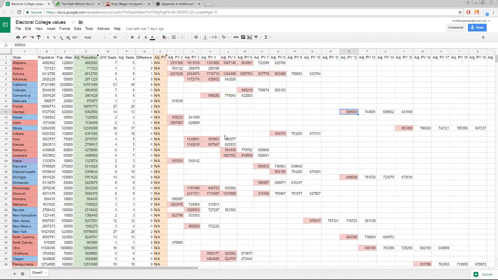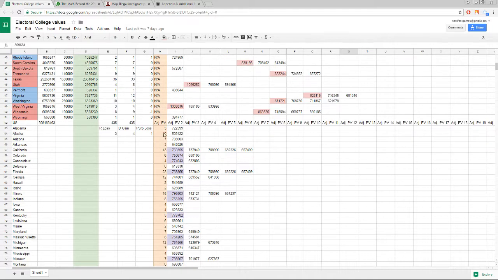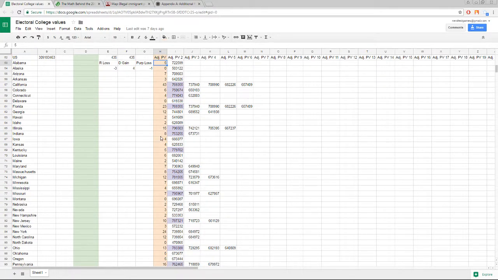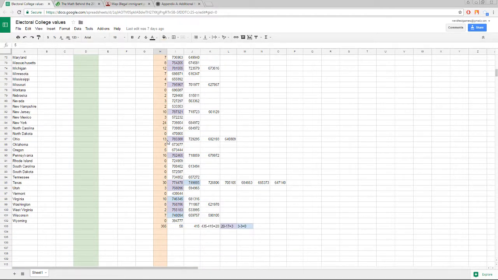And then I highlighted them all in red, the seats that I took, and then I copied down here how many seats each state had in the light red. So that gave me 365 seats have a priority value of 800,000 or more.